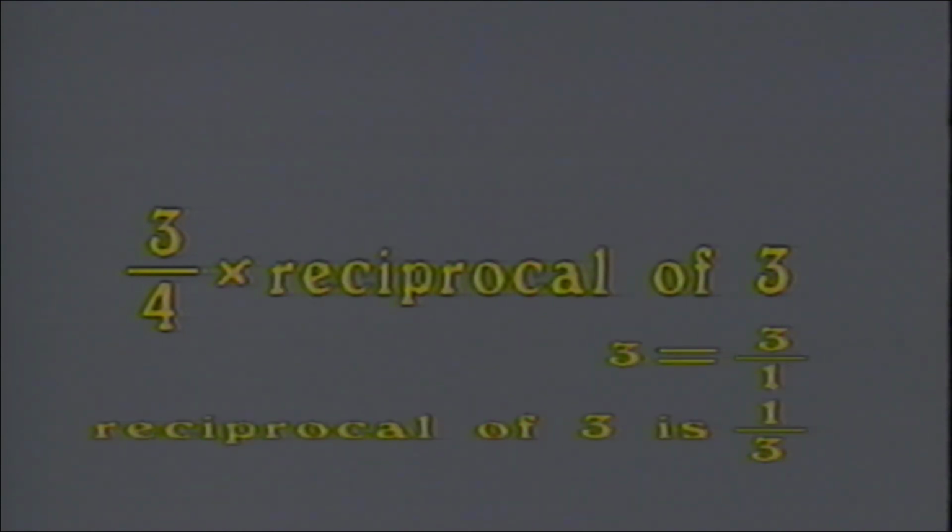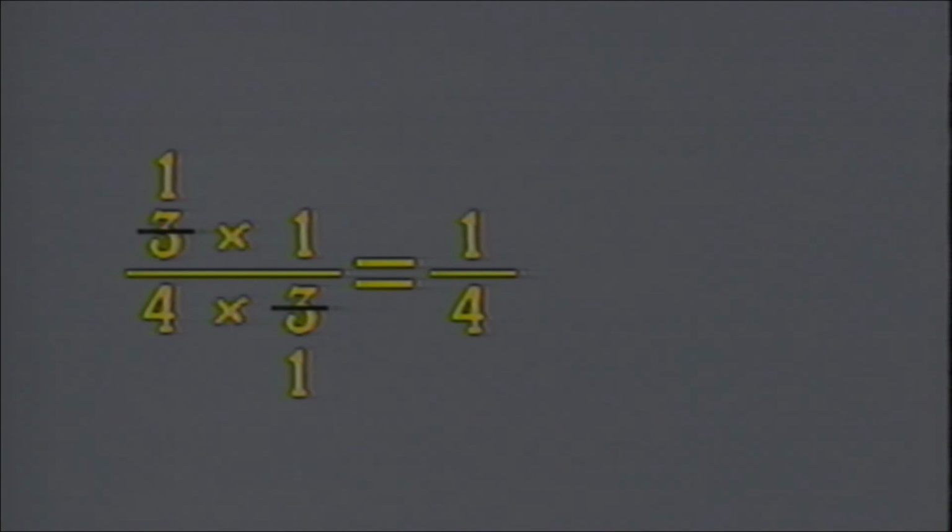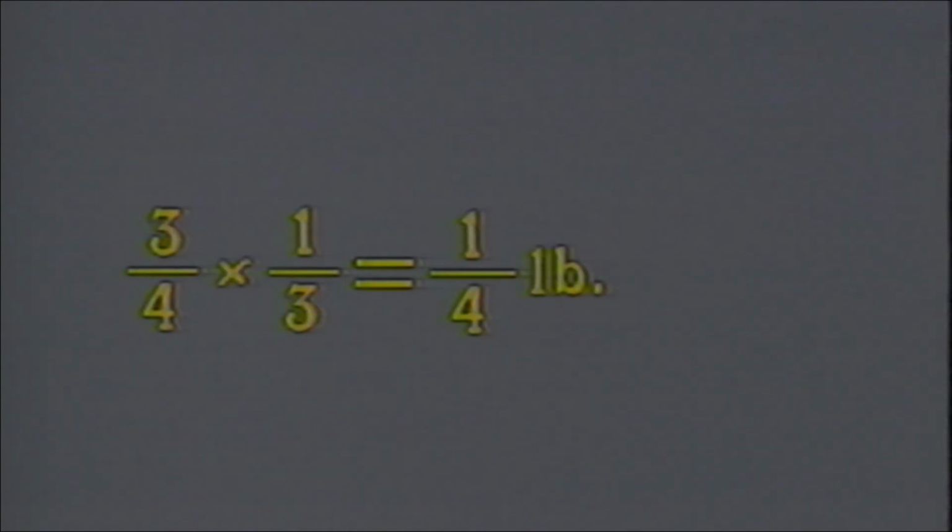That's 1/3. And that's 3 times 1 over 4 times 3. We can divide numerator and denominator by 3. Right, and we get 1 over 4. Each little cake will contain 1/4 pound of cheese.